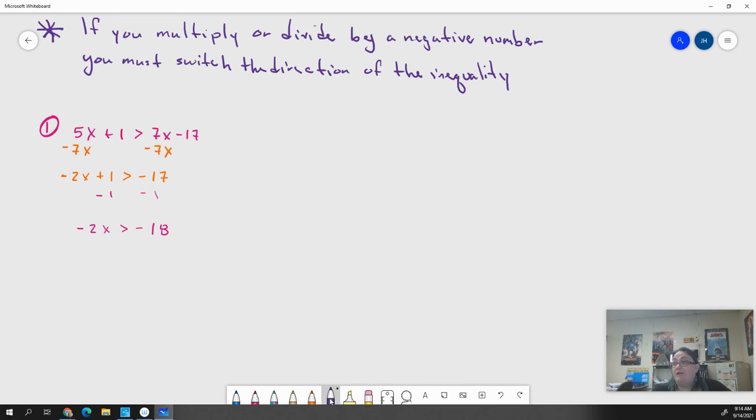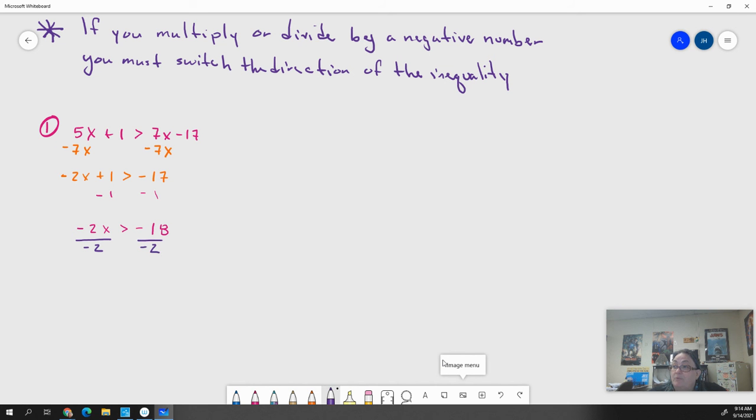The only thing left I have going on there is that I have this negative 2 that's still attached to the x. That negative 2 is being multiplied, right? If it's right up against the x, that means we're dealing with multiplication. So to get rid of it, we have to do the opposite of multiplication, which is divide by negative 2.